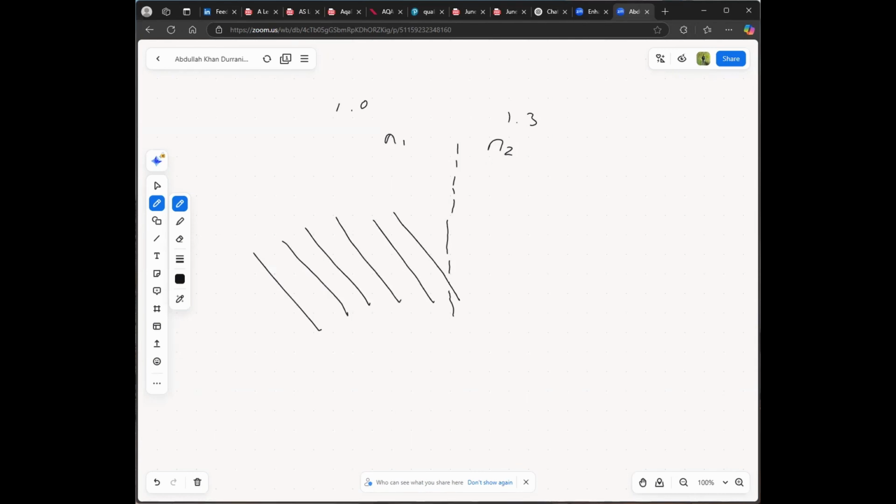You see this point hits the boundary and goes into the medium first, then this one.